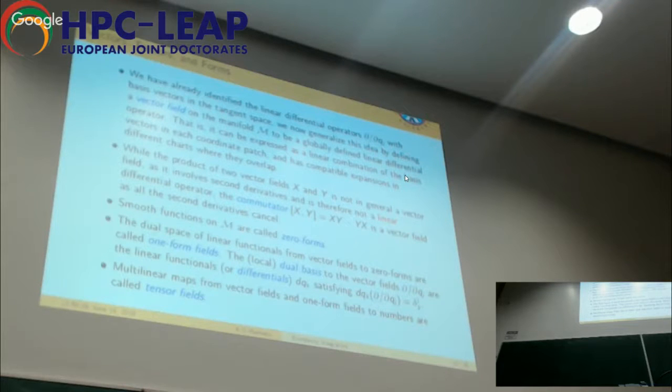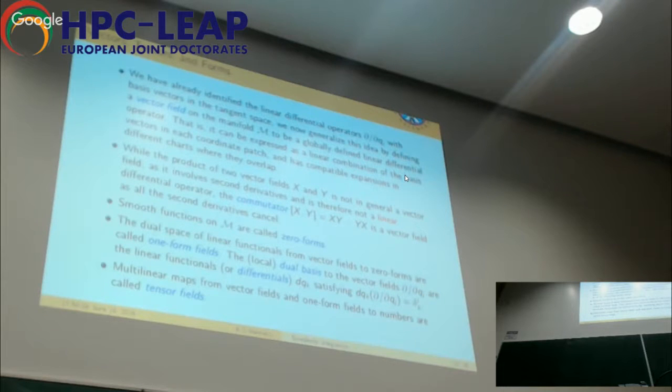Locally it can be expressed in terms of these basis derivatives with coefficients, and then you have to extend it to the whole space by making sure they're consistent vectors in the overlaps.